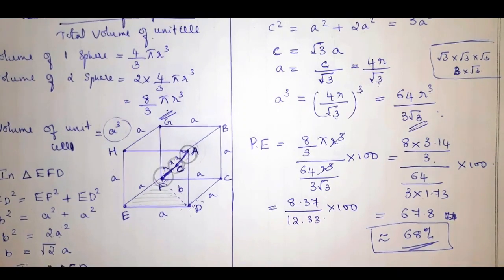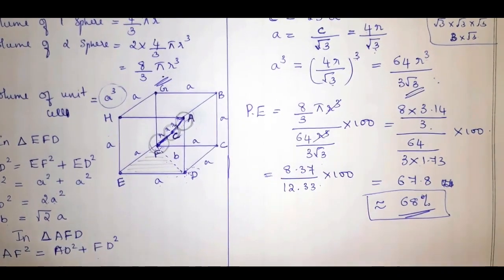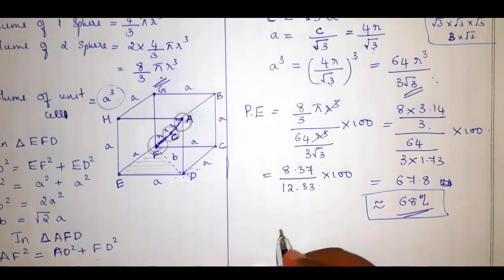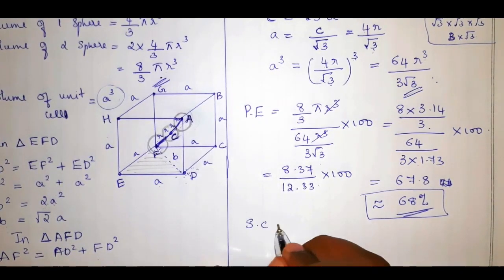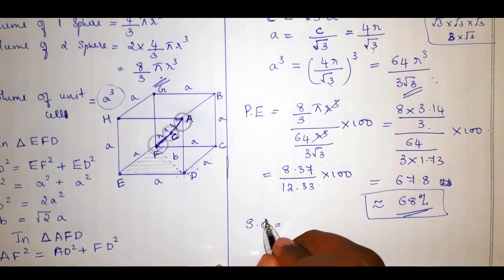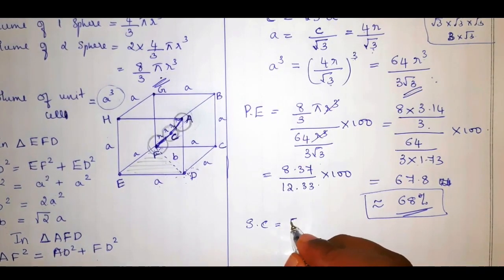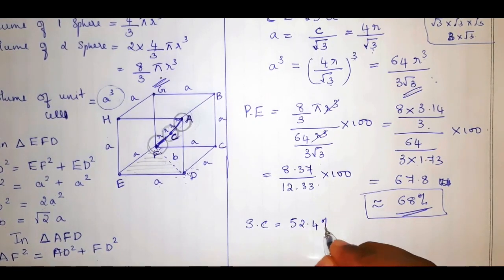So you have seen three packing efficiencies. Simple cube, how much was it? Simple cube was 52.4%.